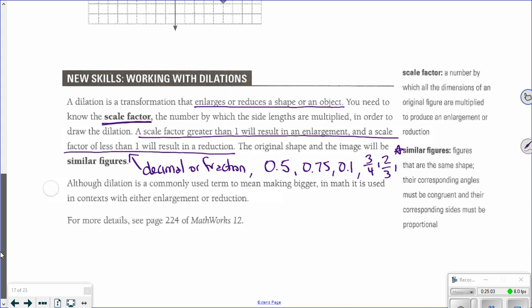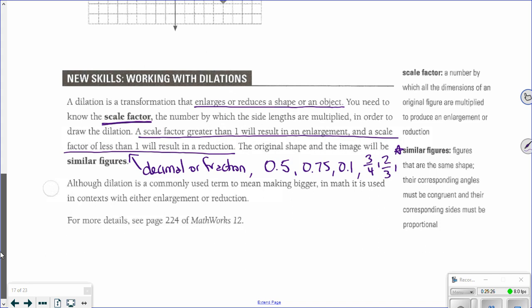All this is saying is it's the exact same shape, either bigger or smaller. So all of your angles are still exactly the same size, and if one side got twice as big, then all of your sides have to get twice as big. If one side got half as big, or got divided by 2, then all of your sides have to do the same thing.